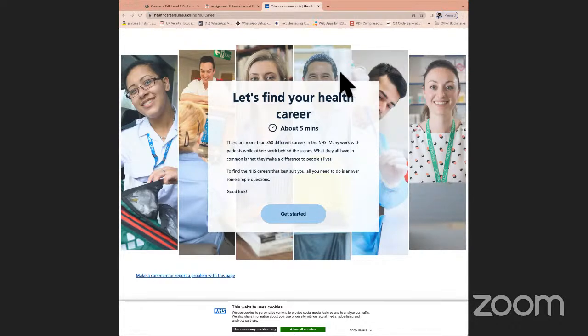So I'm going to try and bring that across on the screen for somebody who sent that over to me diligently. And I would have expected some of the others to also do that. But if you haven't done so far, my suggestion would be that you go ahead and do it, because this would also give you insight into how you would look at the various roles within the health and social care sector.